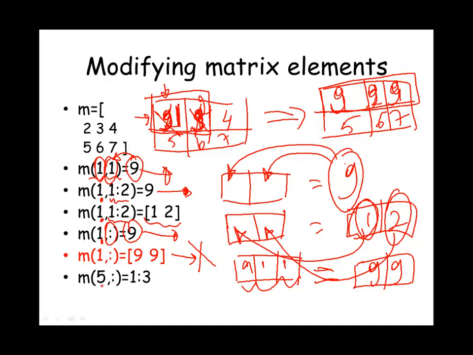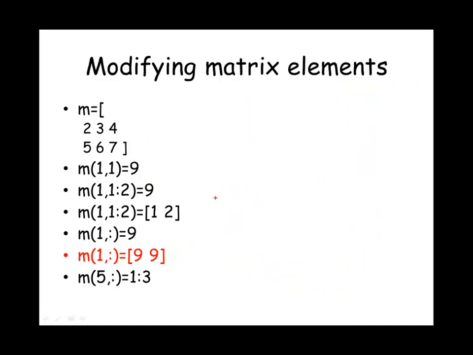In the last example, we are trying to store into the 5th row and all columns numbers 1 through 3. Similar to automatically extending vectors, MATLAB will also automatically extend matrices to accommodate additional writing.